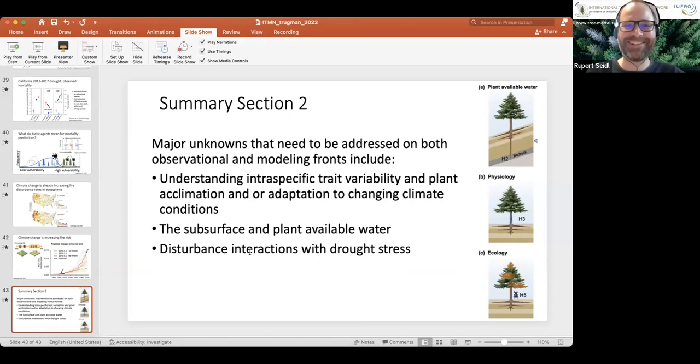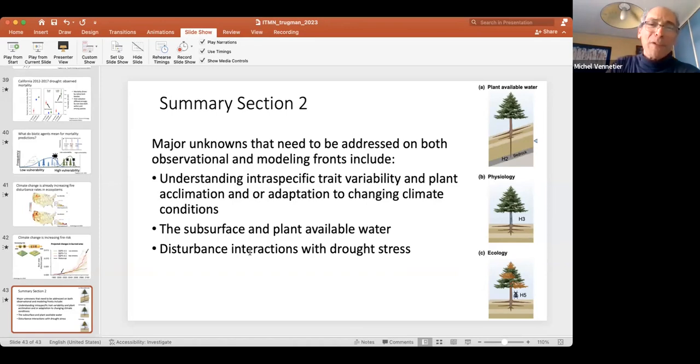Please, Michel, go ahead. Well, my question was on changes in tree, not physiological traits, but architectural traits. First, which was documented, is some deeper water uptake by trees with increasing aridity, and particularly in the Mediterranean area, it has been correctly documented.